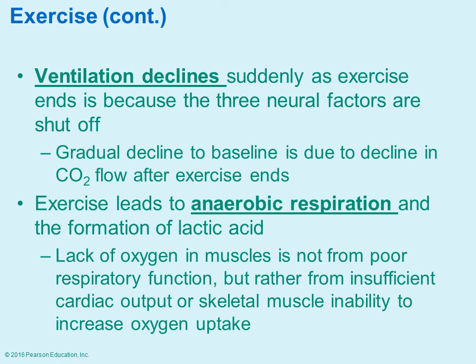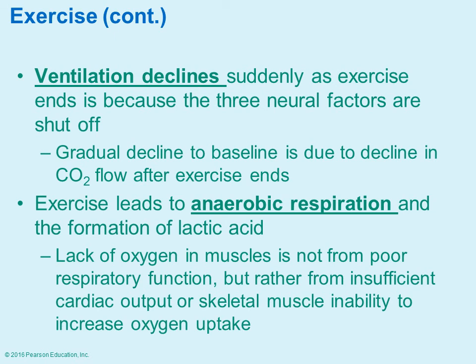That requires oxygen. There are times when there's not enough oxygen in the muscles, and so it switches to anaerobic respiration. In that process, you form lactic acid. That's going to have an effect also on lowering the blood pH.